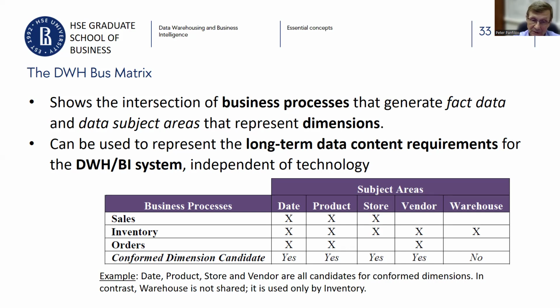And this tool, this metrics, enables organization to scope manageable development efforts. So using these metrics, we know how to develop what we need for implementing a dimensional data warehouse. And each implementation builds an increment of the overall architecture.